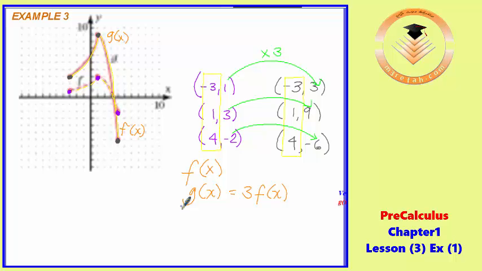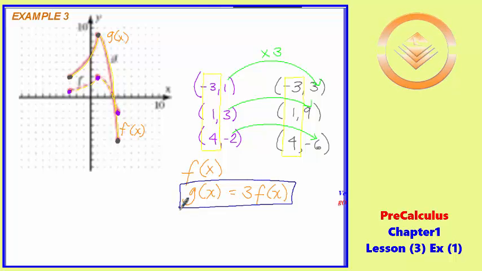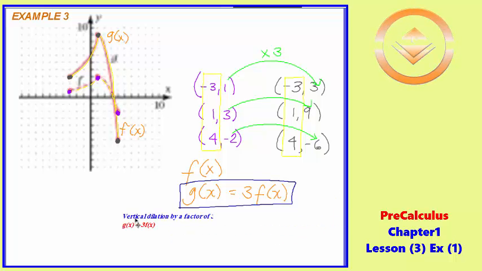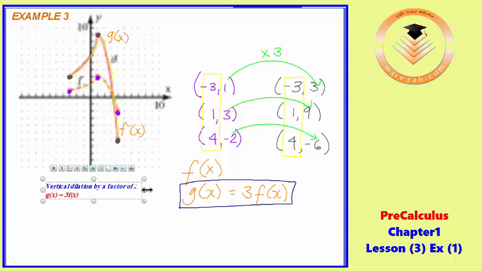So our final answer is g of x equals 3 f of x, which is a vertical dilation by a factor of 3.